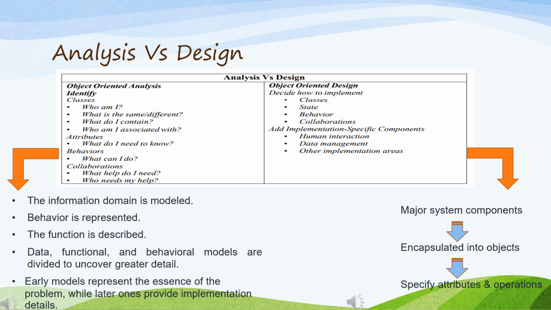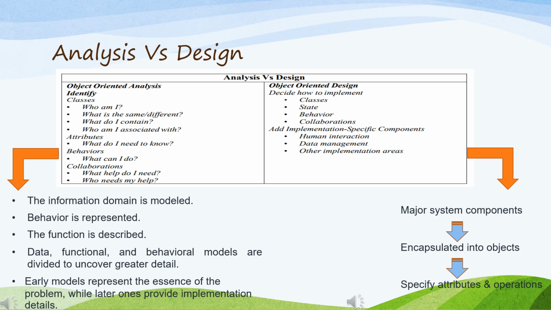Then the function is described. The data, functional, and behavioral models are divided to uncover greater detail. The last step is that early models represent the essence of the problem, while later ones provide implementation details.